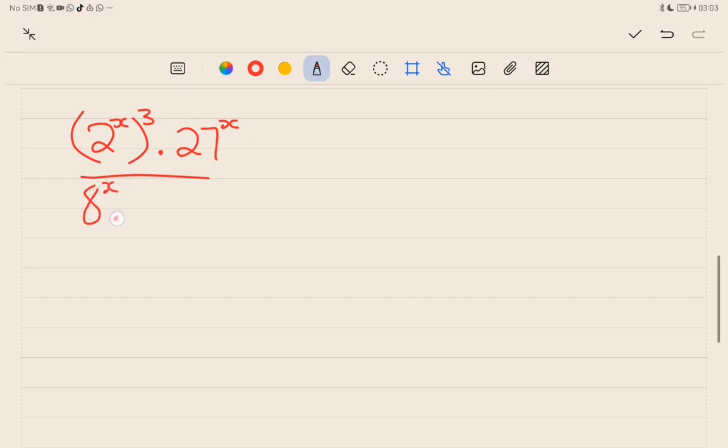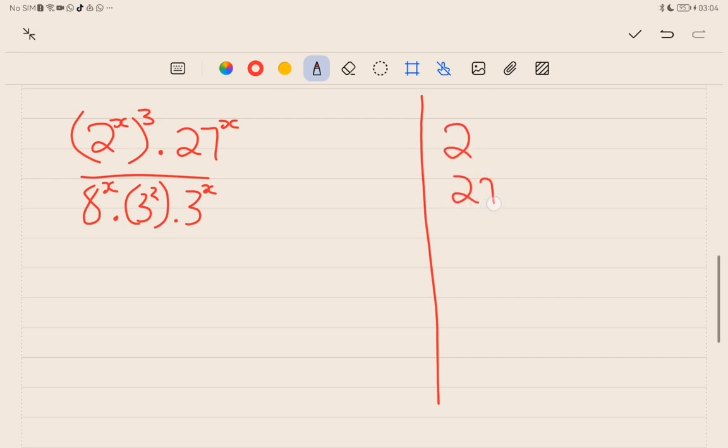So when you simplify such things, you are going to take all the bases that you see. So I see base 2, base 27, base 8, base 3.